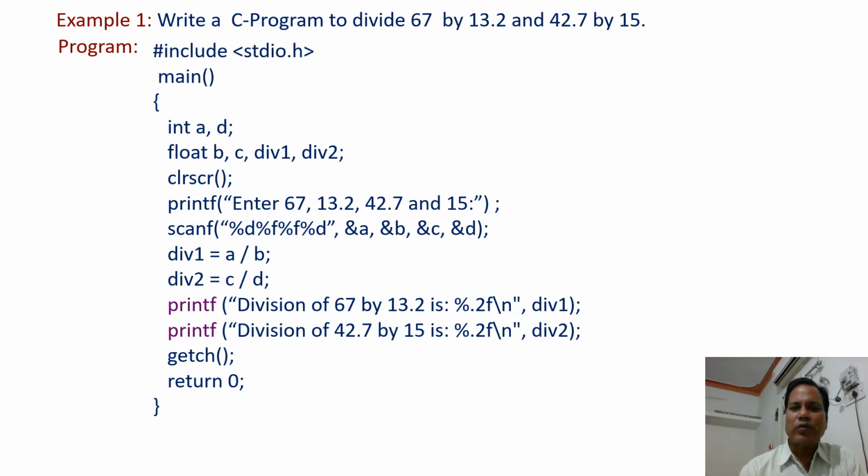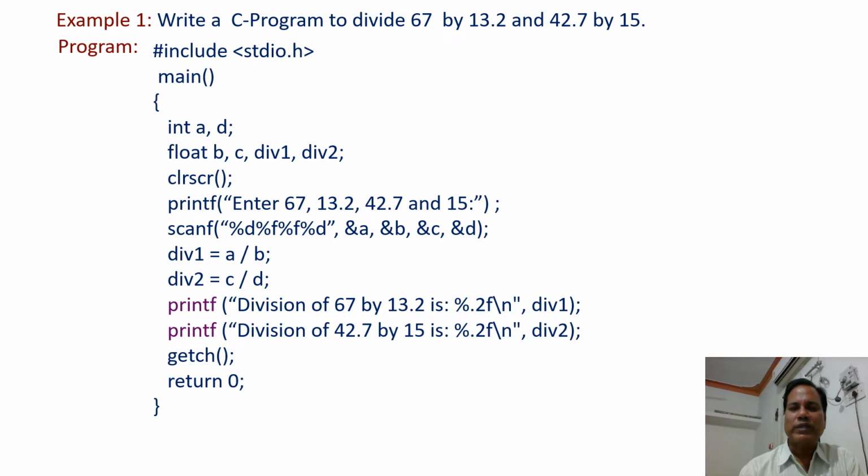These control strings follow the sequence of the data as well as the type of the data we have to enter. The next two statements achieve the result. A is divided by B and its result is stored in the D1 variable, and similarly C divided by D, its result is stored in the D2 variable.